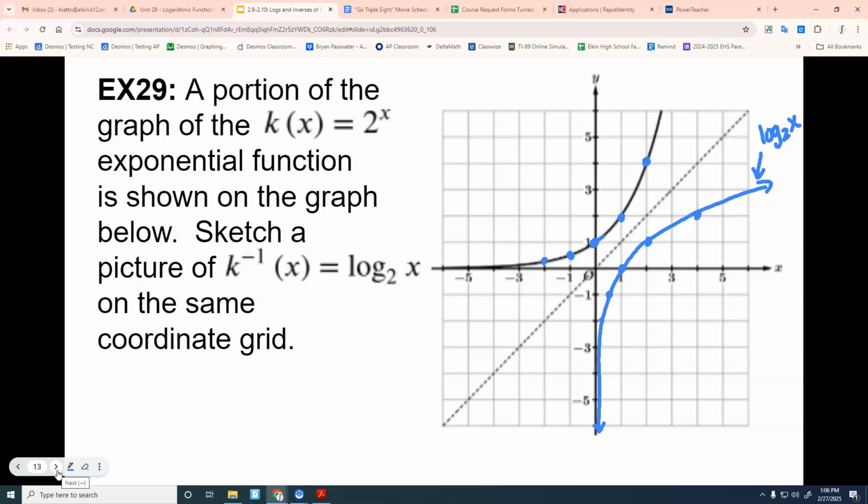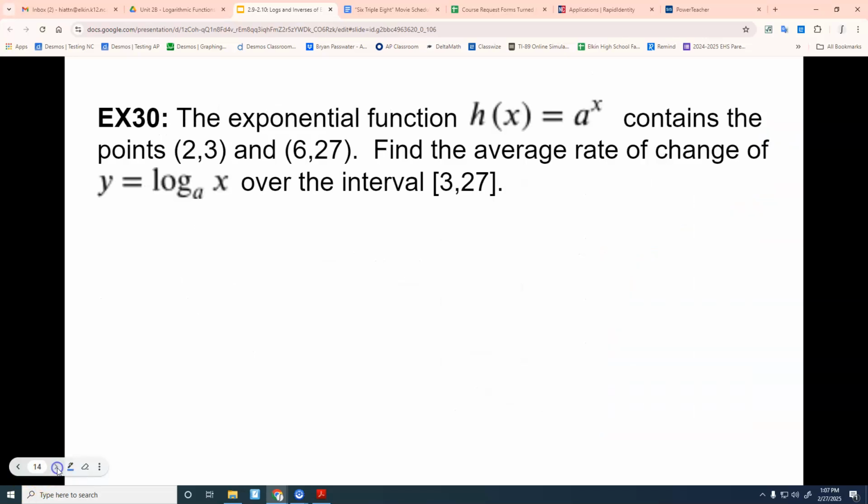I have a pretty good picture of what exponential growth and decay looks like in my head. Logs are harder for me to think of, but if I think of just flipping that exponential, it helps me see what I'm talking about.